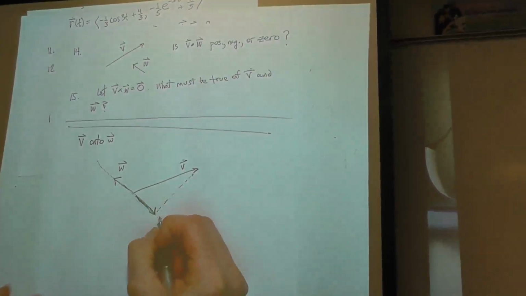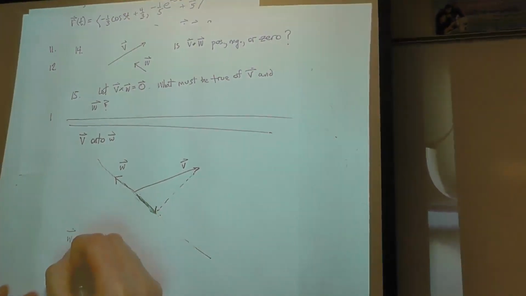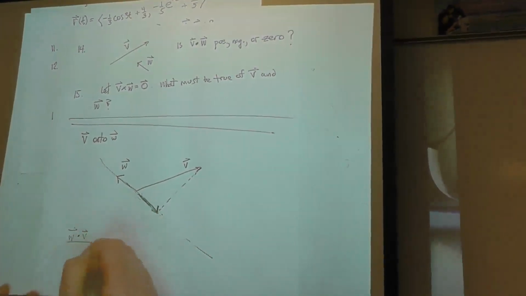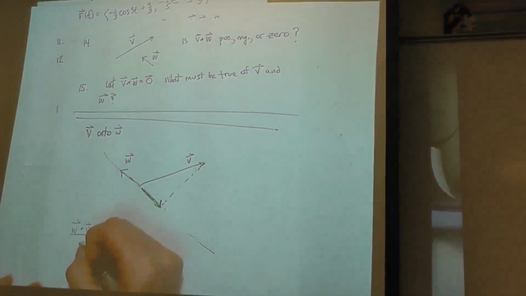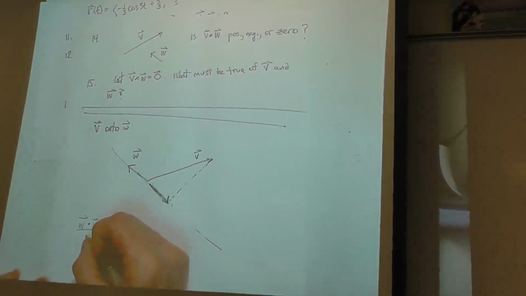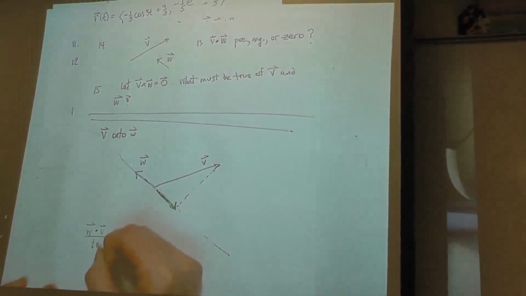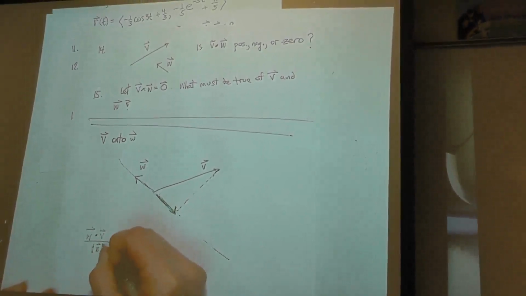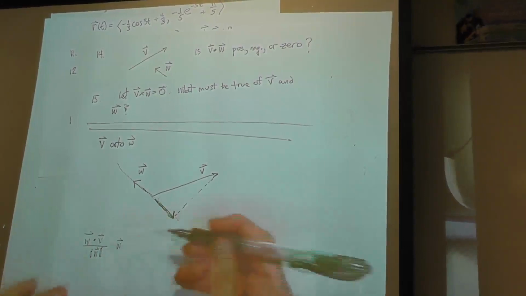So if I say what is this guy, it's going to be W dotted with V over, so I'm going to multiply by W and I want to put a W here. I've just got to derive it.